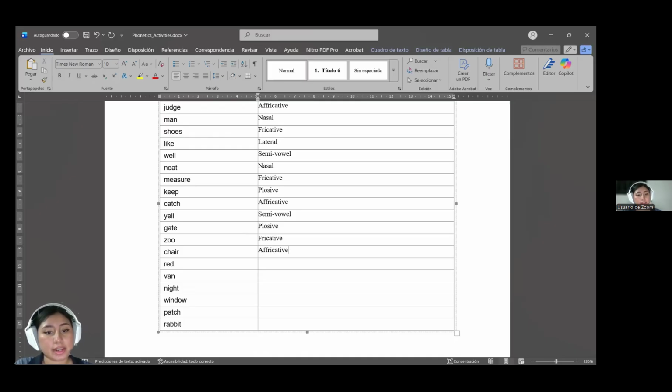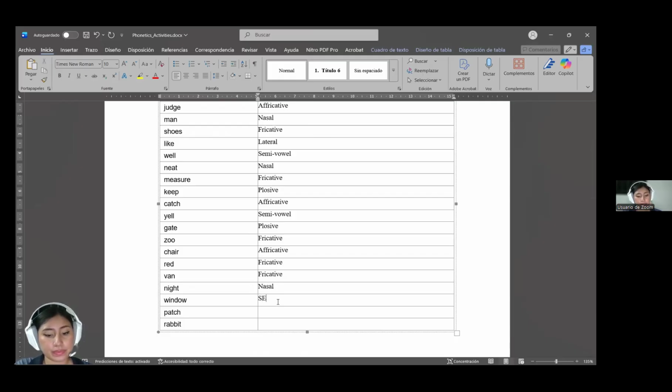Chair, chair. Let's move on with the word red. What is red? Yes, it is semi-vowel. Van, van, fricative. Night, nasal.